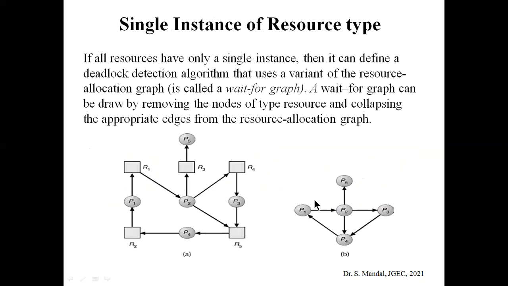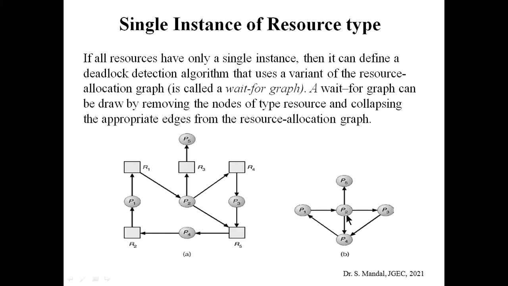By using this method we can simply search for a cycle in the graph, and if there is a cycle in the graph, we can say that there is a deadlock. You can see that among P4, P1, and P2, there is a cycle. So obviously P1, P2, and P4 are in a deadlock condition, but P3 is not in the cycle.